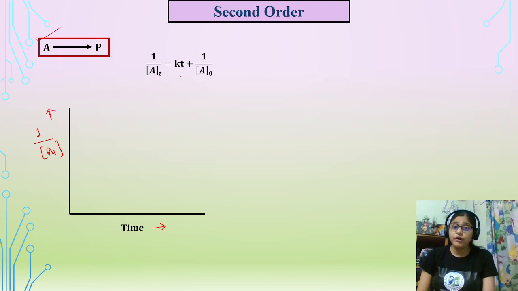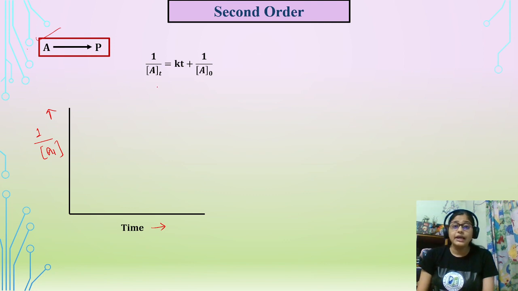This is very important. Sometimes only graphs are given, they will tell you this versus this is plotted and the graph is a straight line, and you have to find out which order reaction this is. Sometimes this can be the question. I will come to that also in the question part.